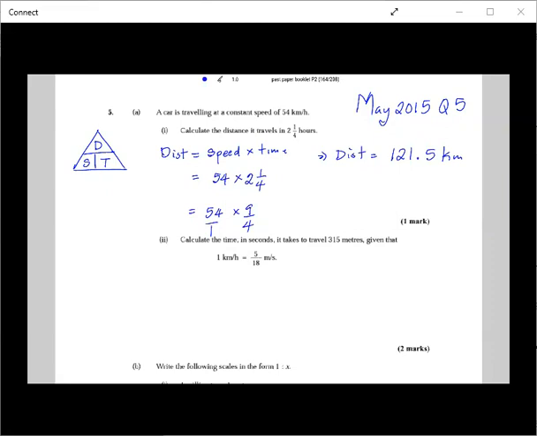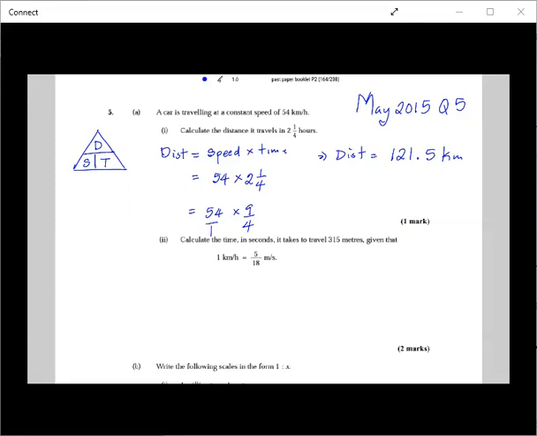So distance is equal to speed multiplied by time. So to get the distance traveled in 2.25 hours, multiply the speed by the time. Now, since the speed is in kilometers per hour, the distance must be in kilometers. Part two is asking us to calculate the time in seconds it takes to travel 315 meters.